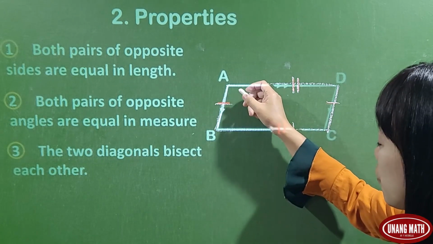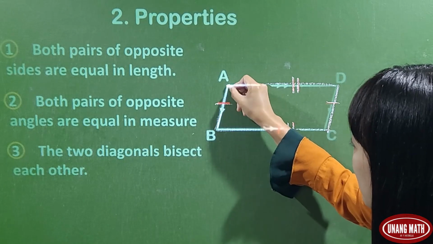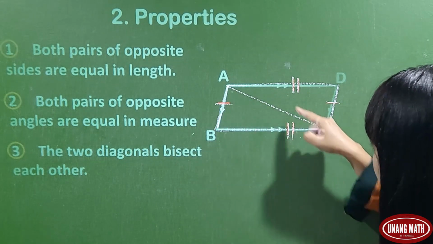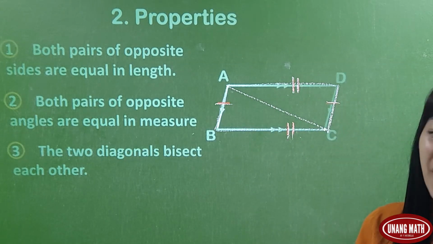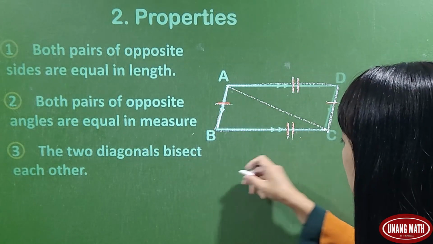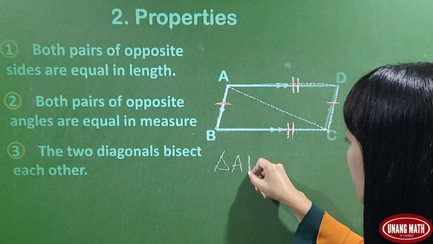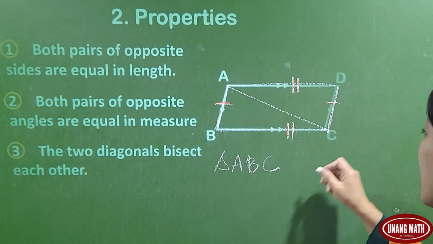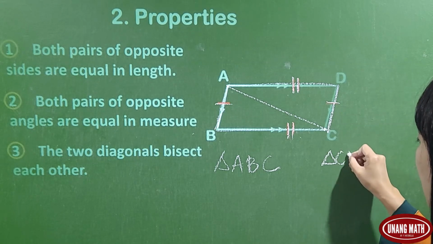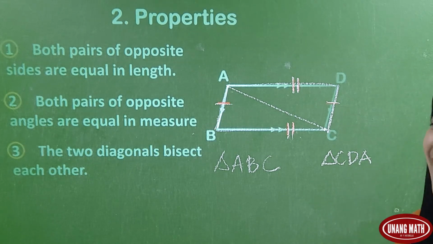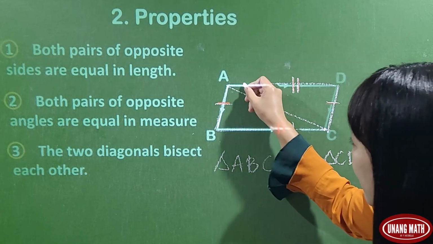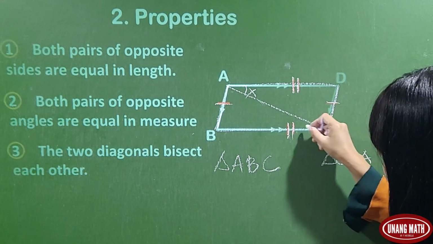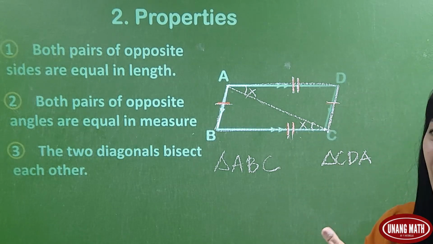If we are going to draw a diagonal line from this vertex to this vertex, then we have here two triangles. So we have triangle ABC, and triangle CDA. If, let's say, this is angle X, then this angle is also angle X. Why?